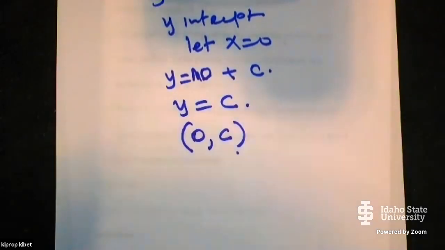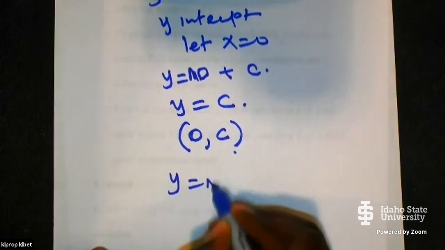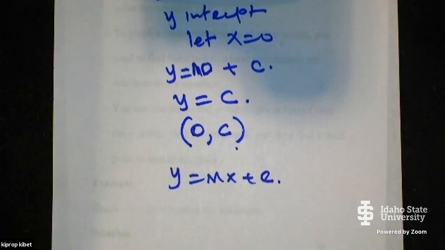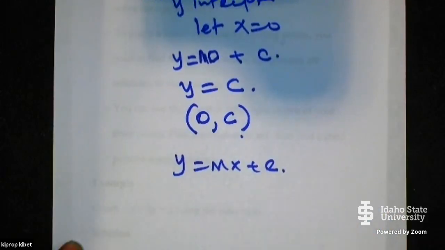Then you can get the third point. So y equals mx plus c. To get the third point, you can let x or y be a certain integer which you are able to solve.